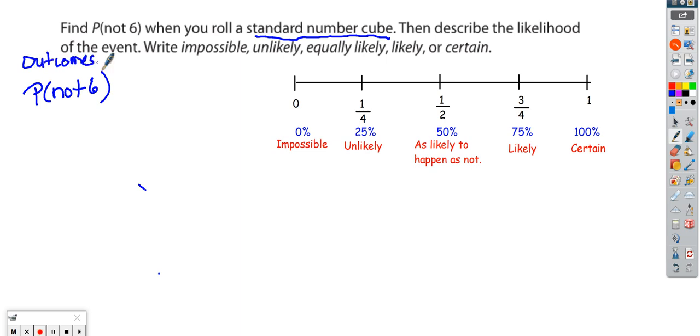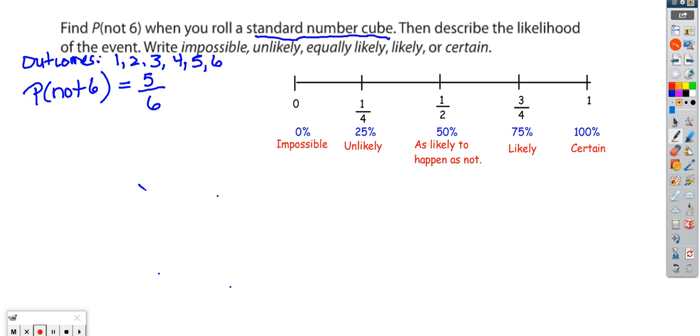The outcomes on a die are 1, 2, 3, 4, 5, and 6. So the probability that it's not a 6 is 1, 2, 3, 4, 5 numbers out of a total of 6 outcomes. Let's make that a decimal.